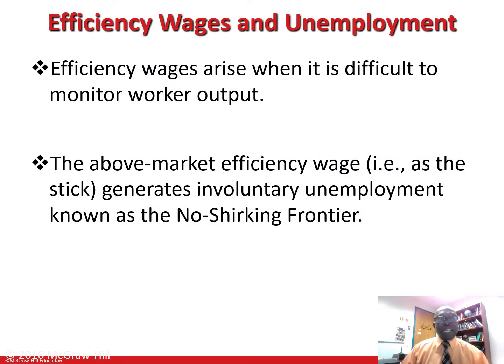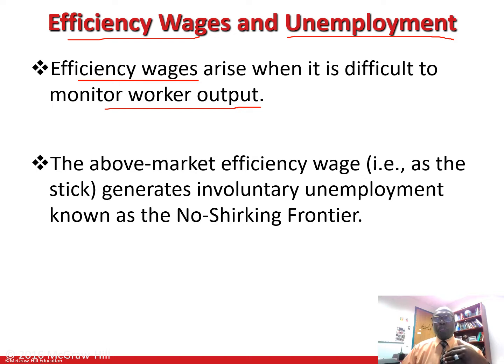So what are efficiency wages, and how do efficiency wages lead to unemployment? Efficiency wages arise because it's difficult to monitor worker output. Therefore, the high efficiency wage discourages shirking because the firm pays above market wages.